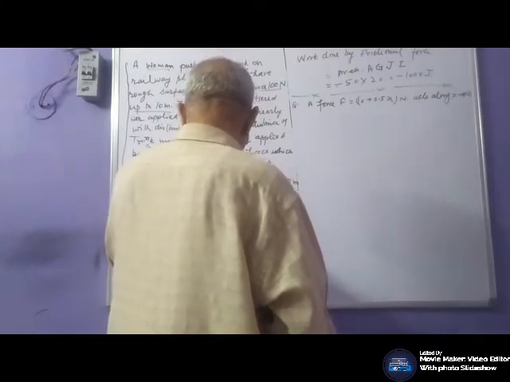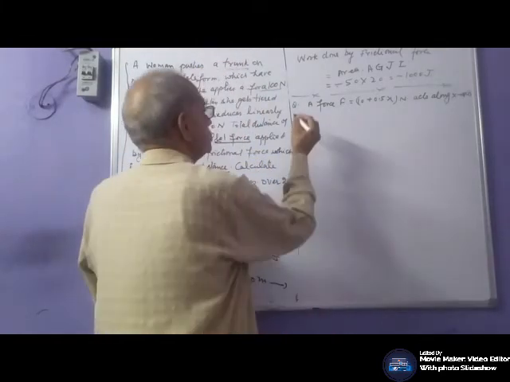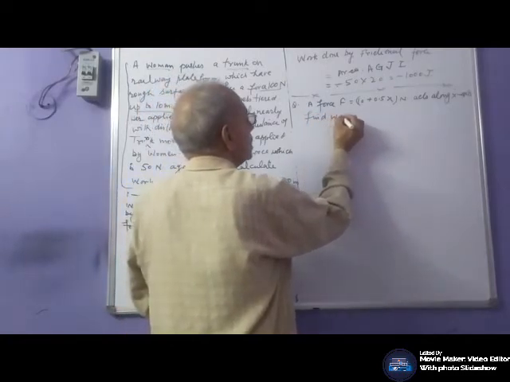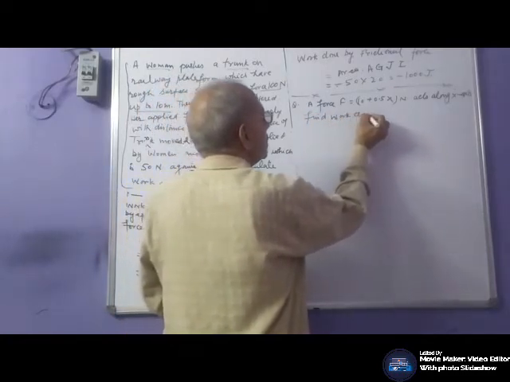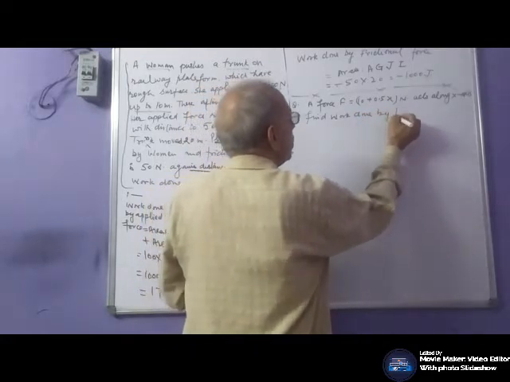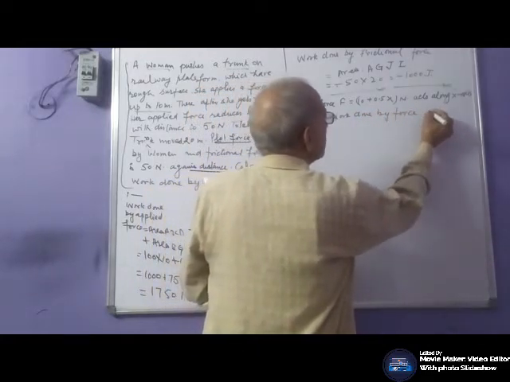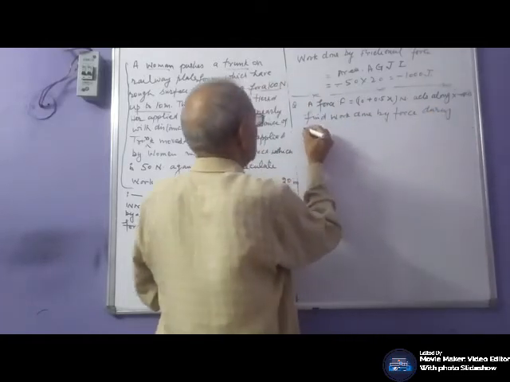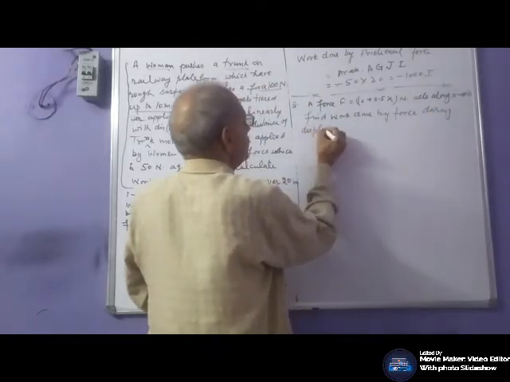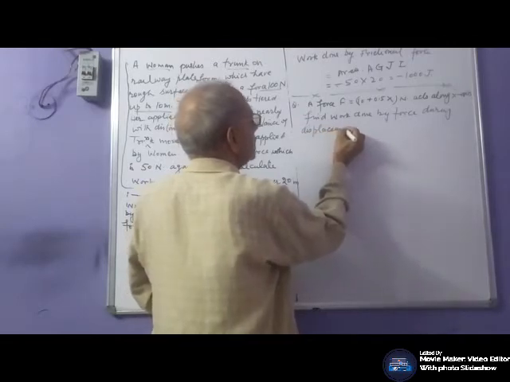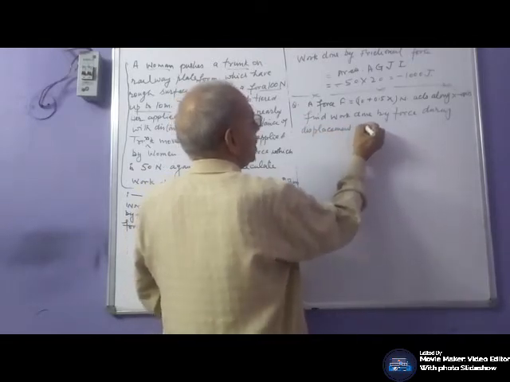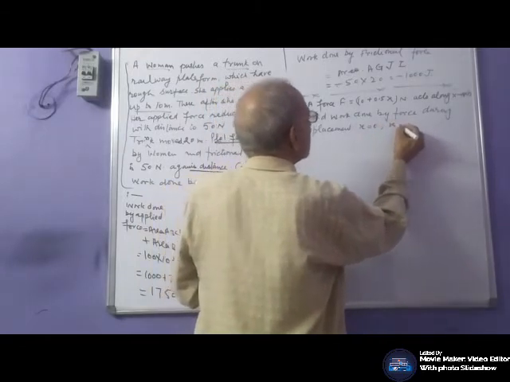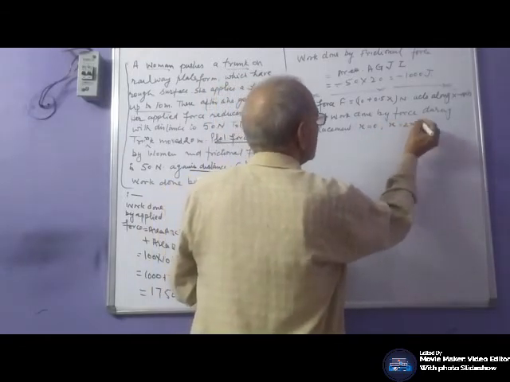Find work done by the force during displacement from x equals 0 to x equals 2 meter.